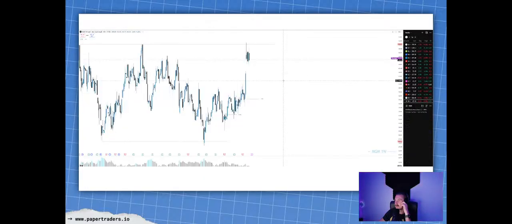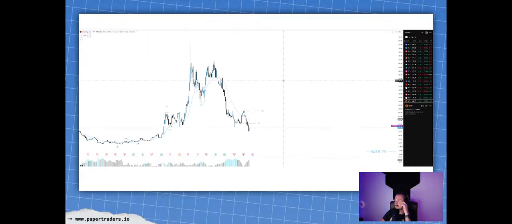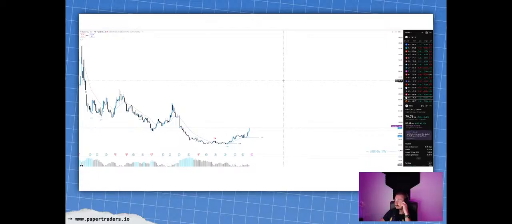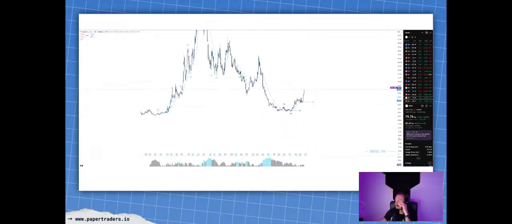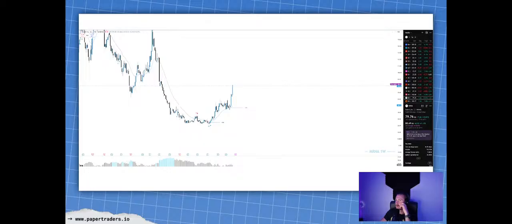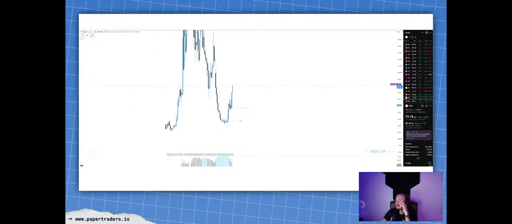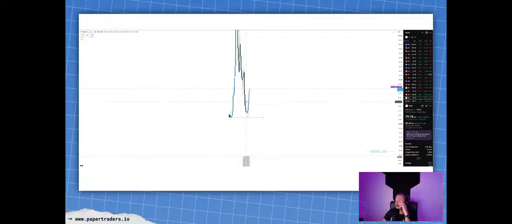McDonald's, no previous monthly low sweeps. MRNA, that's actually a runner. I wonder what they're doing there. Oh, nice lows here. $22 or about 80 now.